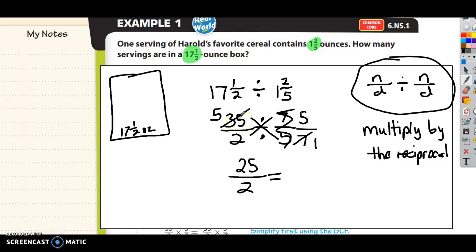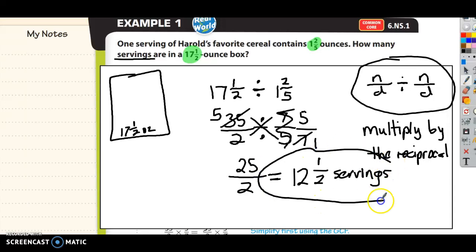Now I change it back to the mixed number. 25 divided by 2 is 12, with 1 left over. The answer is 12 1/2. And then go back and answer the question. It says how many servings are in a 17.5 ounce box. It's 12 1/2 servings.